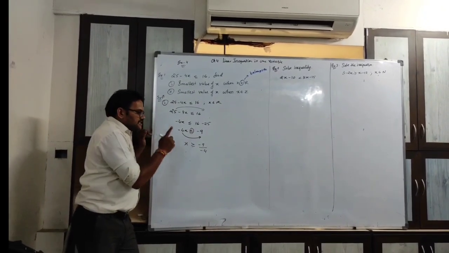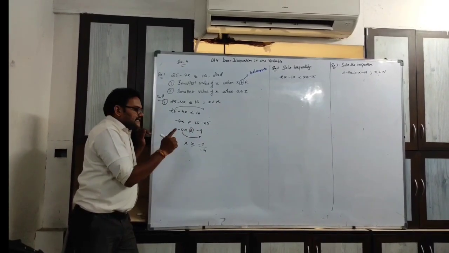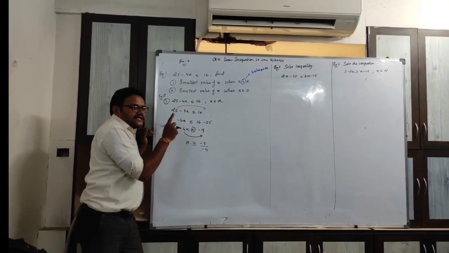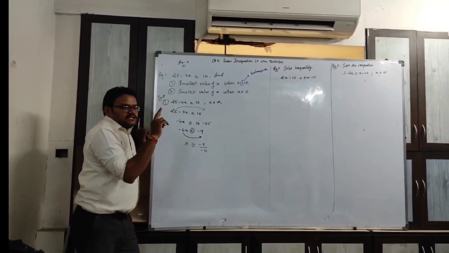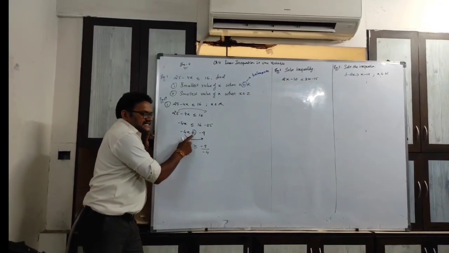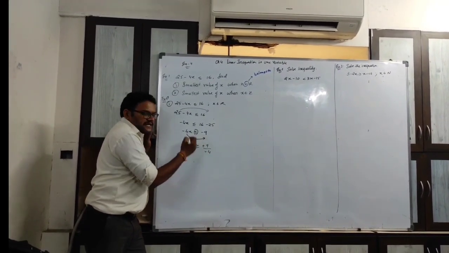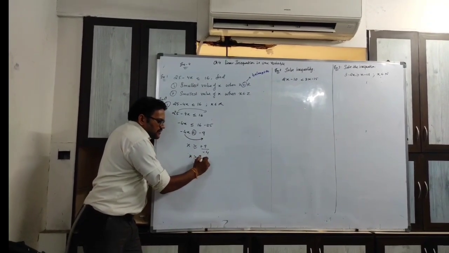Remember that when we are shifting a negative sign to the right or left, and that too when this negative sign is with the variable, at that time only this comparator symbol will change. It will change into the opposite direction. This is less than equal to, this will become greater than equal to. Now minus minus becomes plus. You got this value. So x is greater than equal to 9 upon 4.